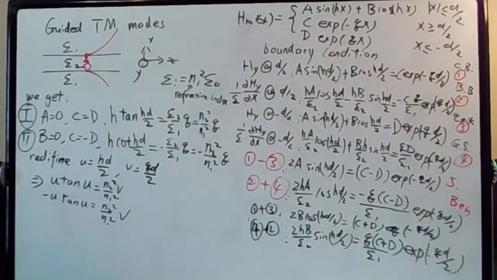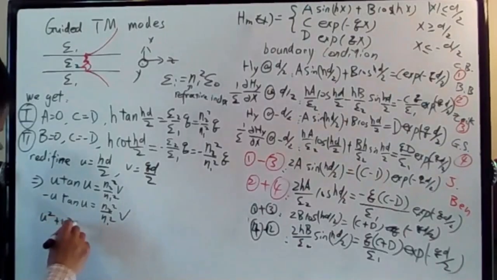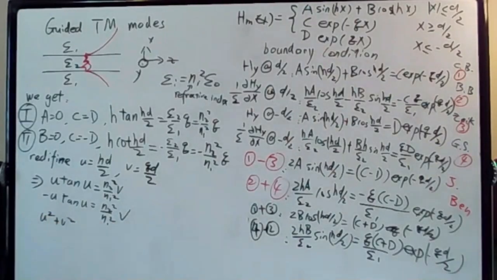If you put negative on both left and right hand side, they're the same. And we all know that U square plus V square is going to be the same as capital V square.